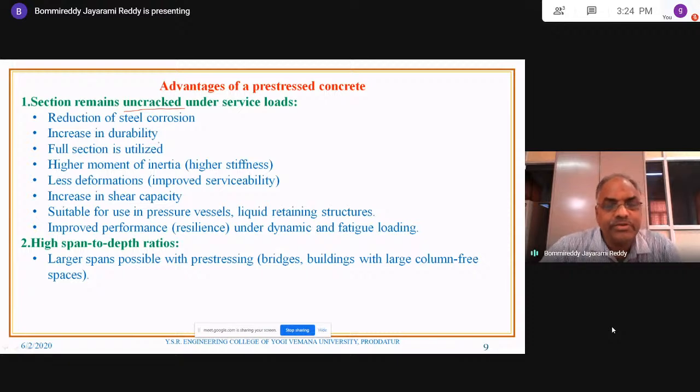Another one is a high span to depth ratio. Because of the high span to depth ratio, it is used for larger spans, particularly bridges where the spans are very large, and sometimes in buildings where large span beams are required, we can go for pre-stressed concrete beams.